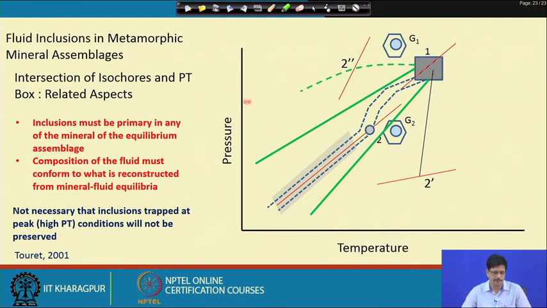Metamorphism of course could not be dealt with in detail, but it gives us a very basic idea as to how to go about them, and maybe we could look at some more examples in the last week of this lecture series if time permits. Otherwise this provides us, to begin with, some idea as to how fluid inclusions could be effectively utilized to understand various crustal processes.